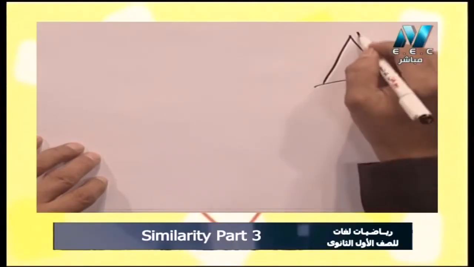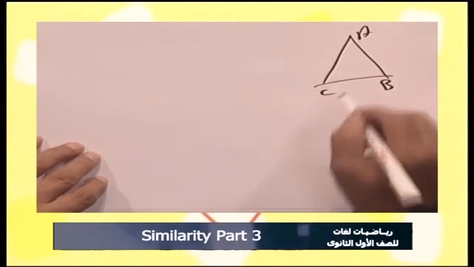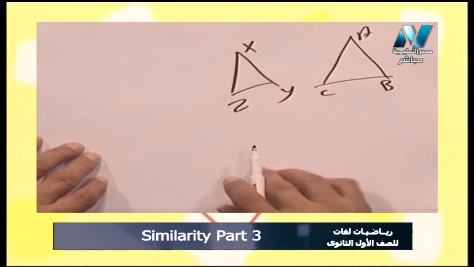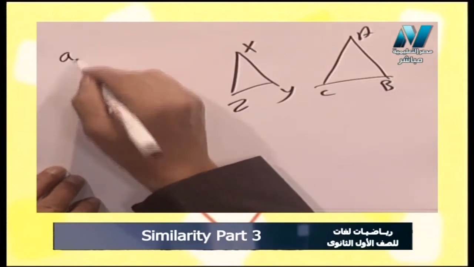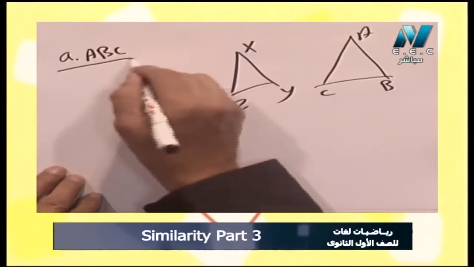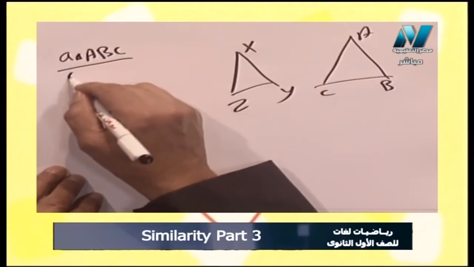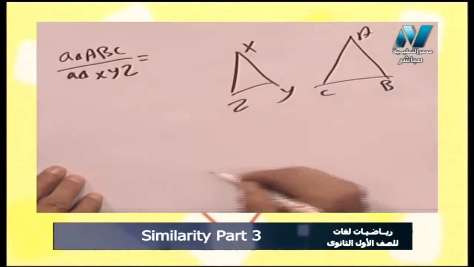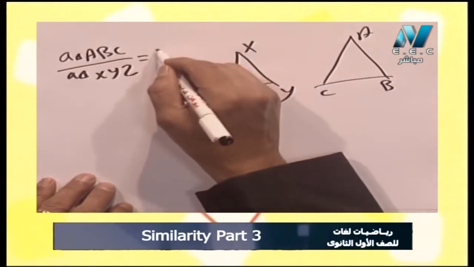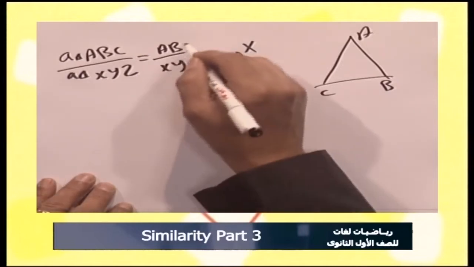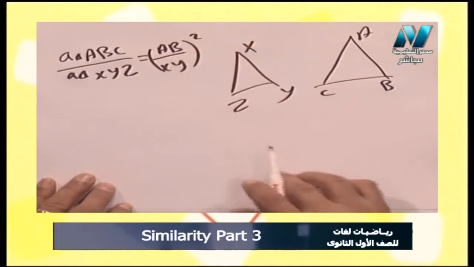If we have two triangles like that, ABC and another triangle XYZ, the area of triangle ABC over area of triangle XYZ will be equal to the ratio, which is sometimes AB over XY, but all power 2.